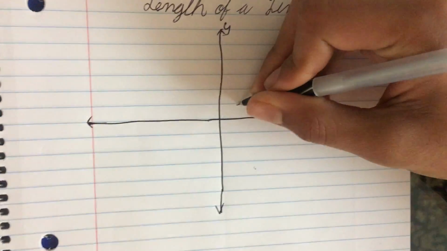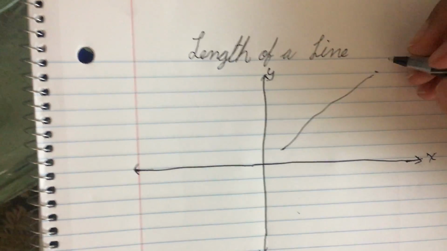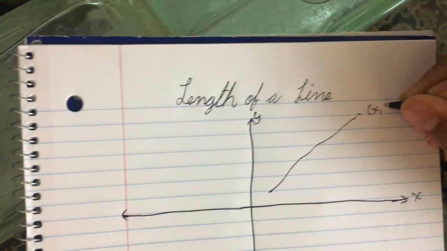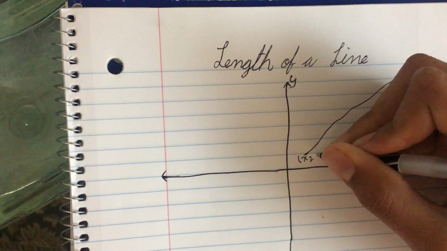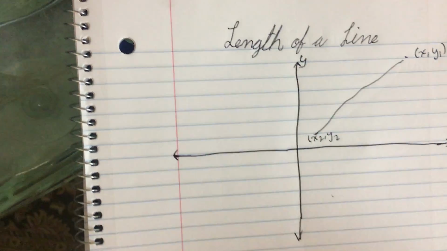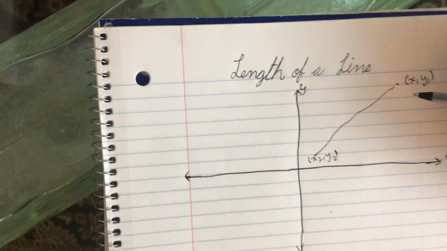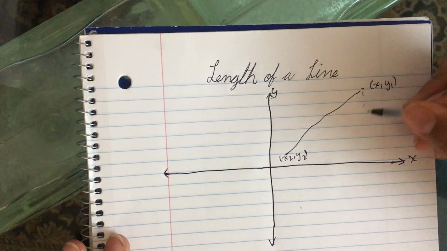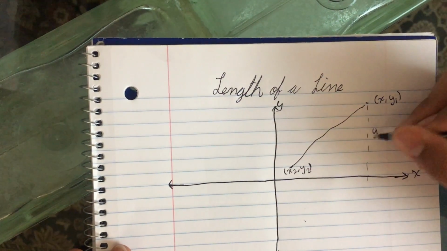So just a reminder, a line is basically the distance between two coordinates, and that's called a line. So this coordinate I'm going to call x1, y1, and this coordinate I'm going to call x2, y2. First, we want to find the distance of the y's. If I drop down from this point here, I have this line, and this is the length y1.